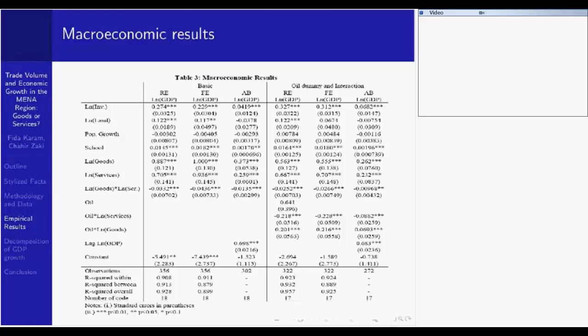And even when it's significant, the value of the coefficient is very low. One of the reasons behind this might be related to the scarcity of land, and especially of arable land, because this variable measures only arable land in the MENA region. Thank you.